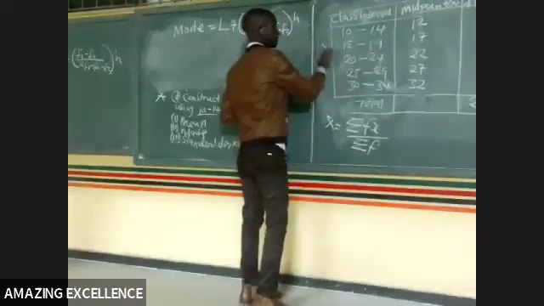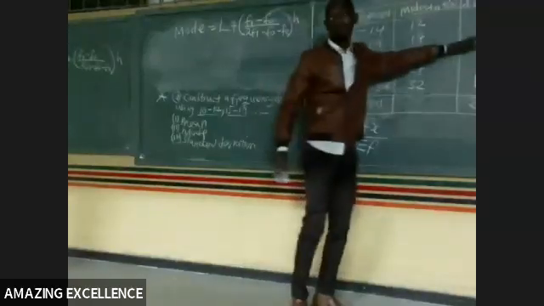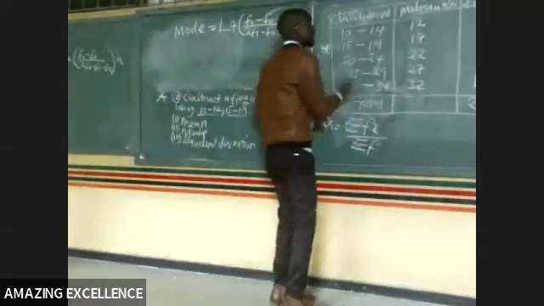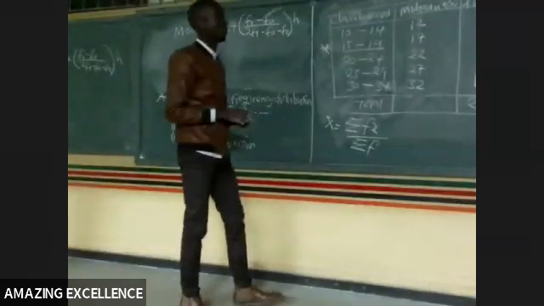It's 8, right? So it means our model class is what? It's 15 to 19, right? That's why we have the highest frequency. That's the class. It means the model class is between this part.